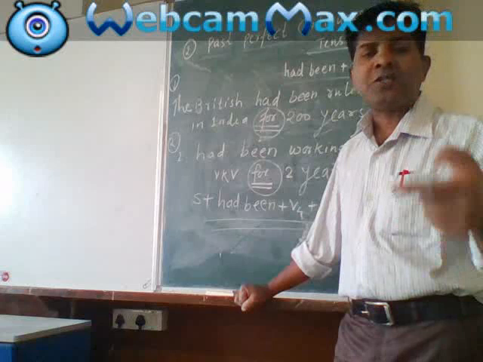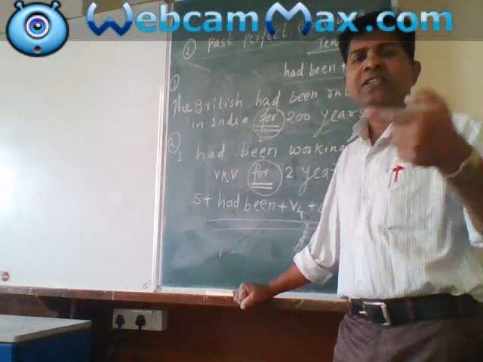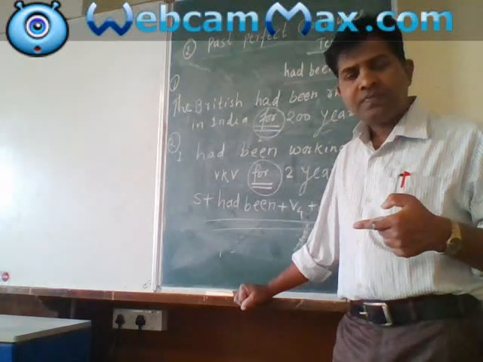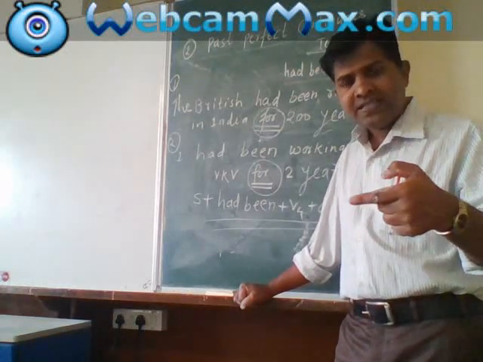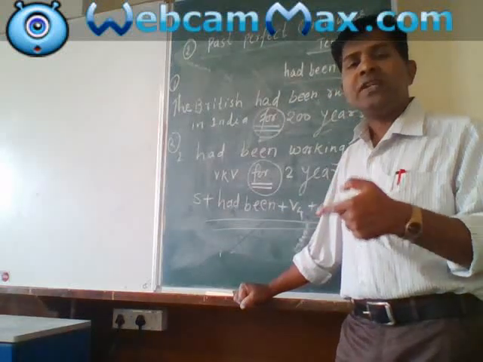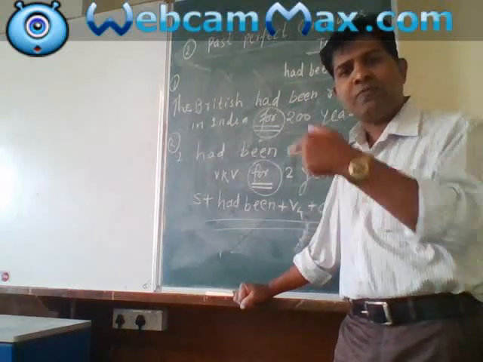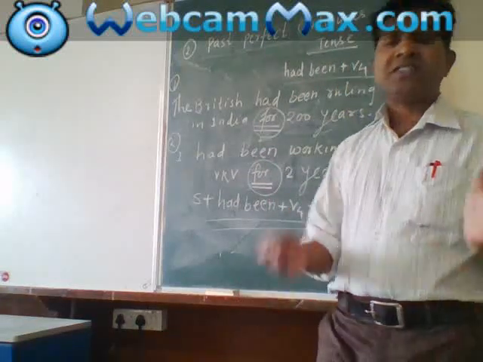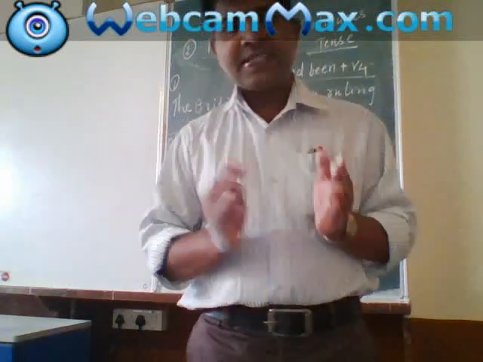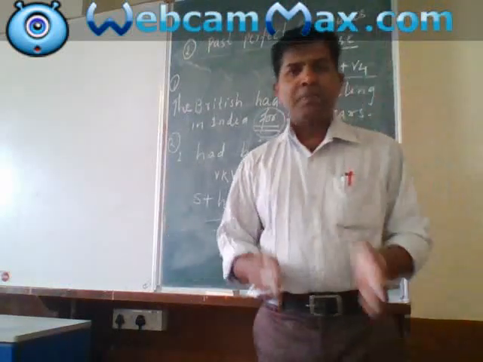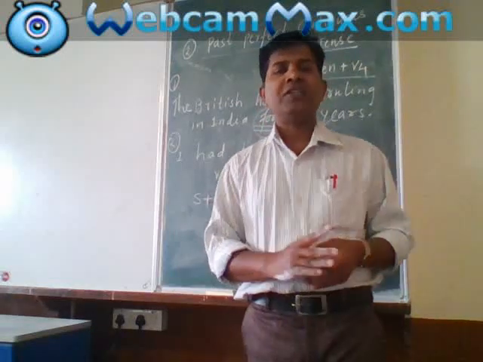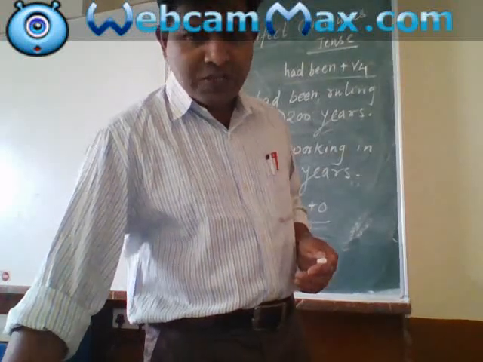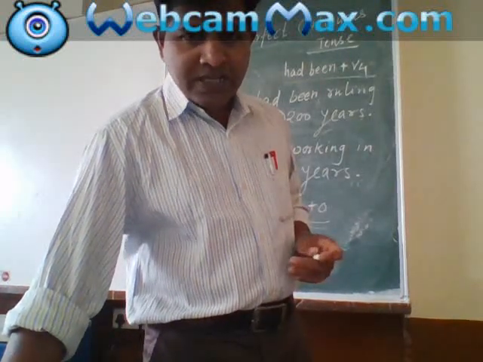V3 means past participle. And fourth is the past perfect continuous tense, whose indicative mood is had plus been plus V4 plus object. Okay, it is the pattern. So we studied simple past, past continuous, past perfect and past perfect continuous tense. Okay, so I hope you understood it.